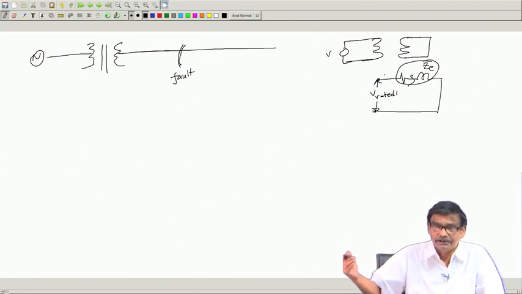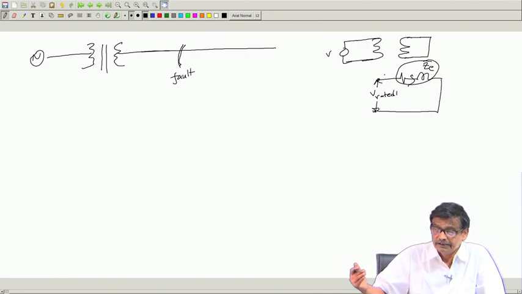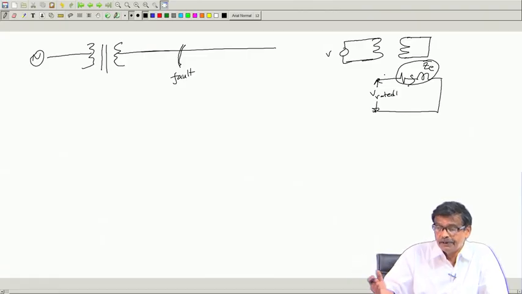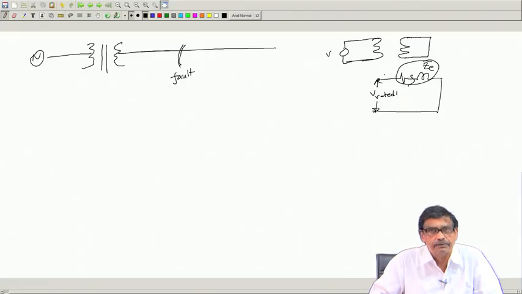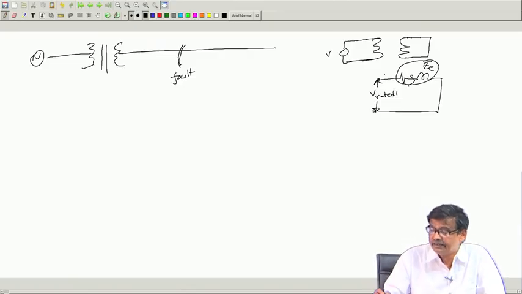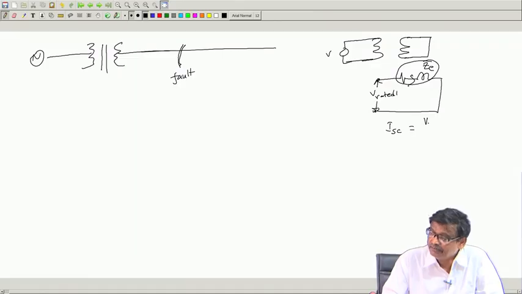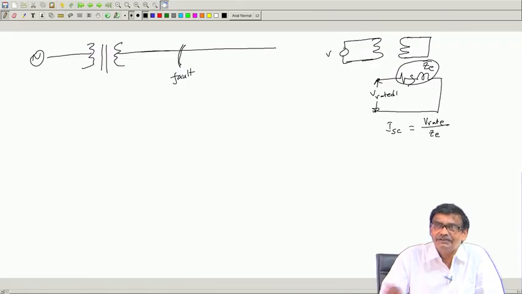Although from the regulation point of view this is fine, you should be prepared, you do not know, there may be a direct short circuit at the secondary of the transformer, and then huge current will flow. If some leakage impedance is there, the short circuit current will at least be limited by V rated divided by this impedance, not by this.